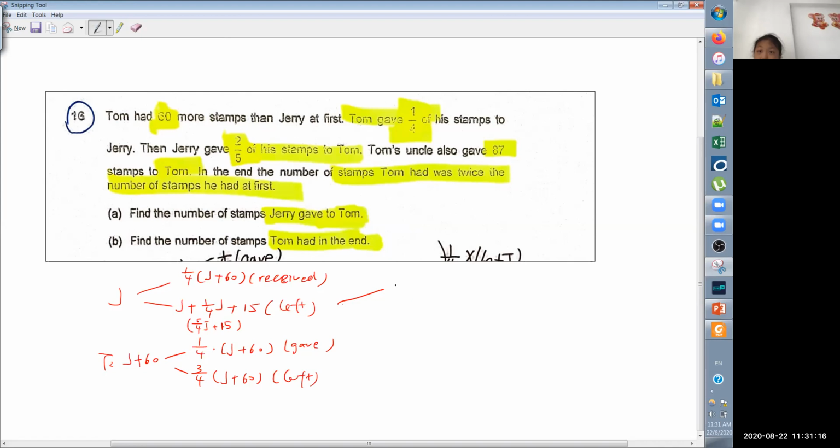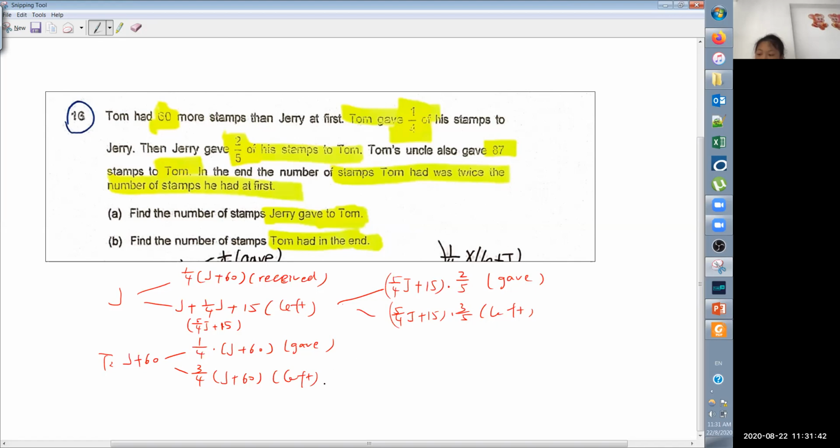Okay, good. So 2/5 of his stamps to Tom. So 4/5 J plus 15. 2/5 to Tom. So you are left with 3/5. Right?